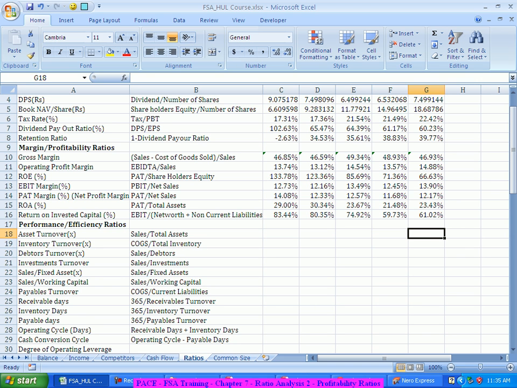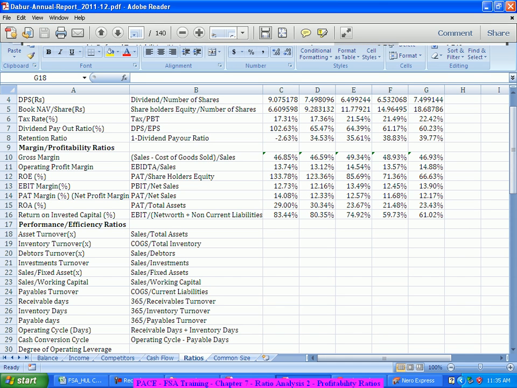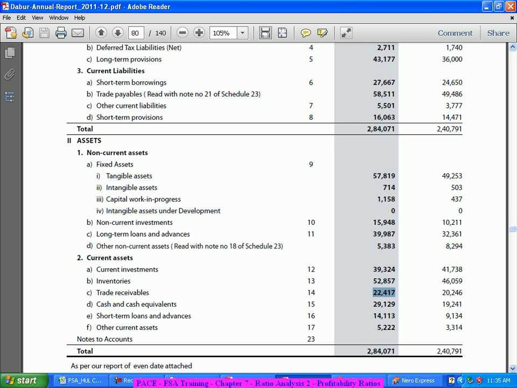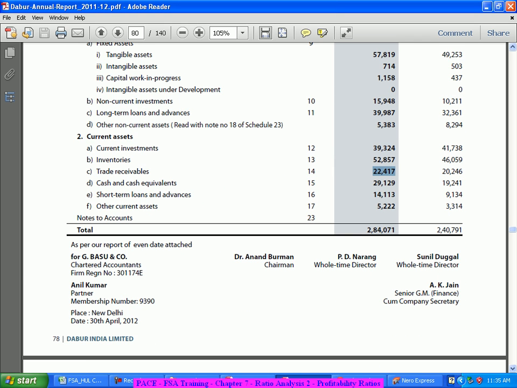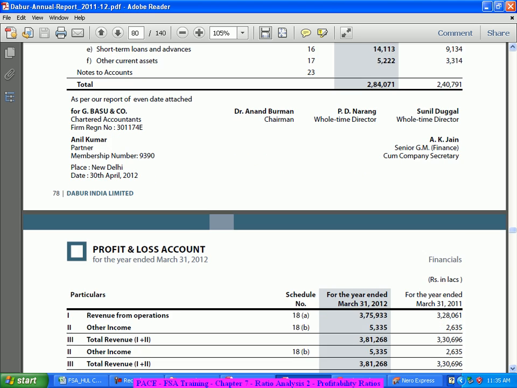If you try to compare with some other company, this number may not be that high, right? Let's see, because we have Dabur also with us. ROE, which is their PAT divided by the total shareholders equity.